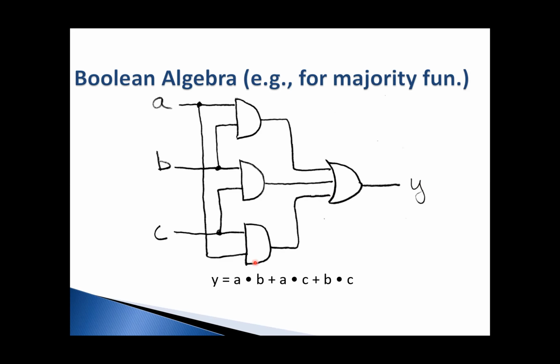This is the Boolean algebra form of your Y. So from a system of logic gates, you can write the output in terms of input. This is how we write it in Boolean algebra.